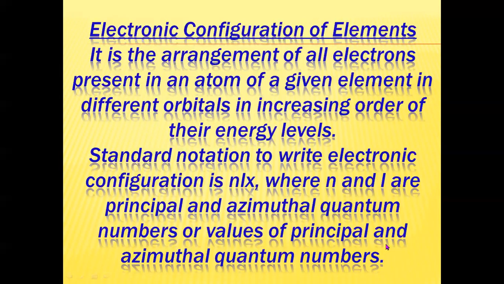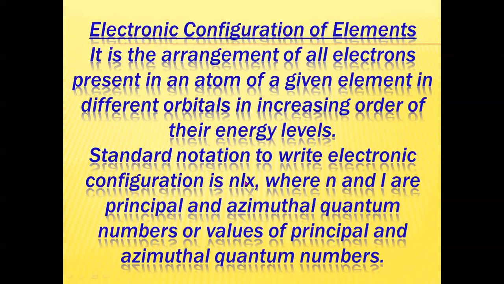Now, standard notation. When we write electronic configuration, we have to consider a standard notation. It is nothing but nLx. Again, this n is the principal quantum number, and the value of the principal quantum number will be written here. L is the azimuthal quantum number.